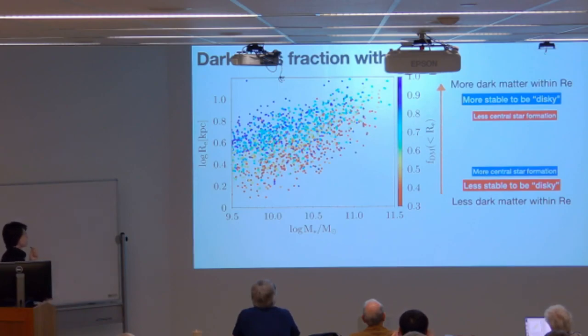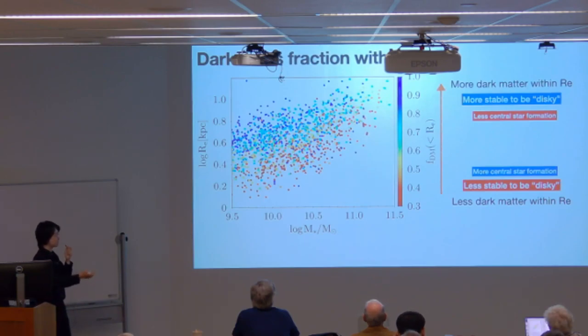That is, a higher dark matter fraction within the effective radius means that the galaxy is more stable, because there is more dark matter to stabilize the galaxy system and keep these structures. And also a possible reason why these galaxies have higher momentum and prevent the central star formation, producing the red centers we see in previous observations.